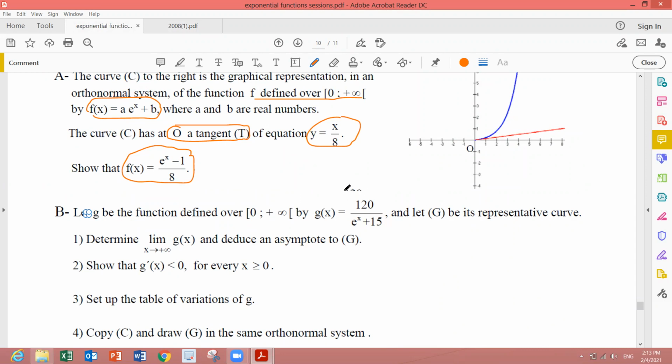So we have the function g defined by g of x equals 120 over (e to the x plus 15), and G is its representative curve. Part 1. Calculate the limit as x tends to plus infinity of g of x.